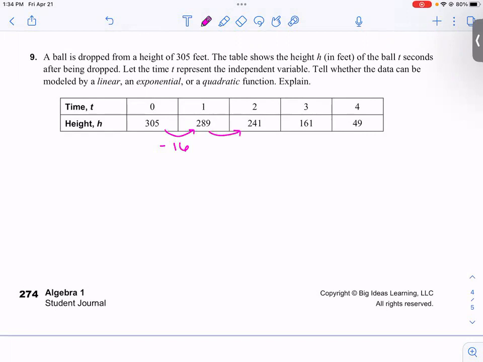Can you take 289 minus 241? 112. Exponential. I don't think it was quadratic. It's gotta be exponential.